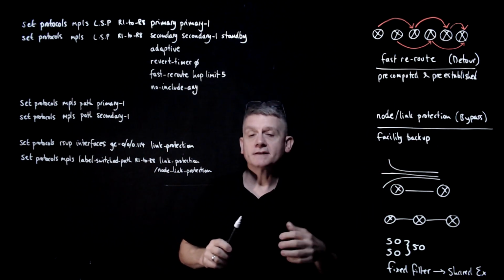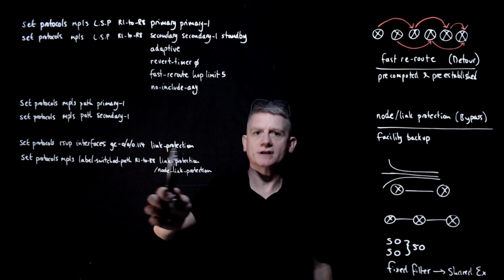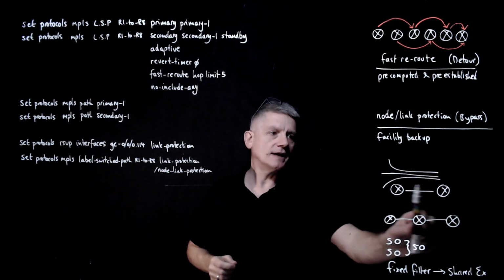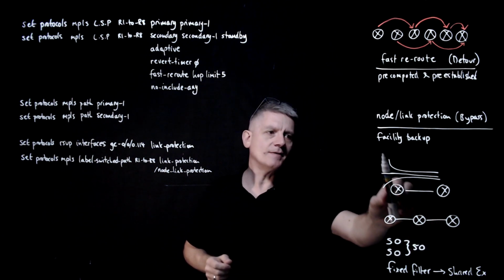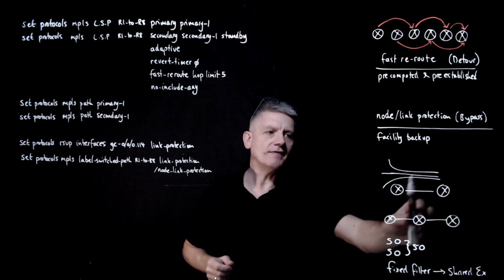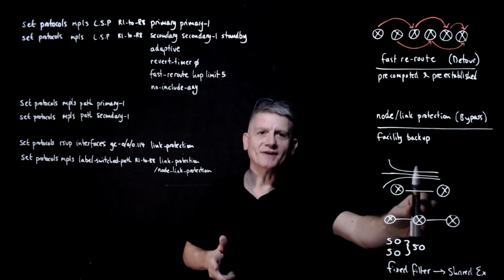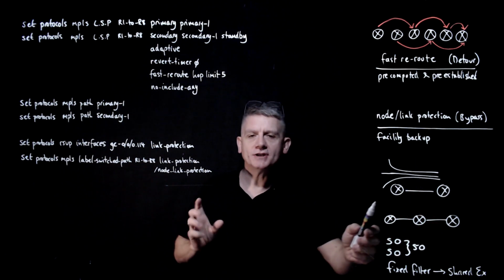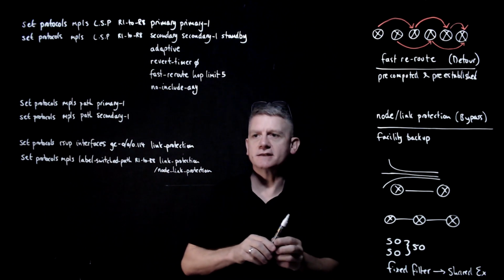All right then. Now to contrast that, link protection is looking after the link itself, and there may be many paths over the link, and the link protection will protect all of those paths. And when you turn on link protection, there's two places to turn it on.